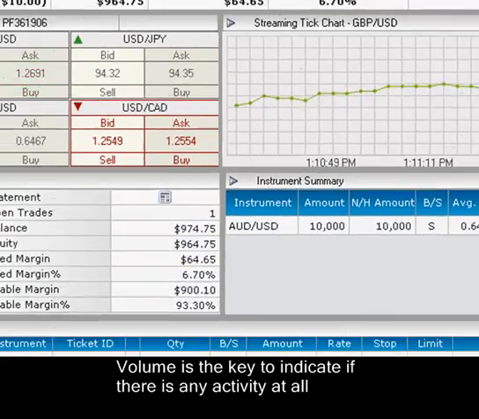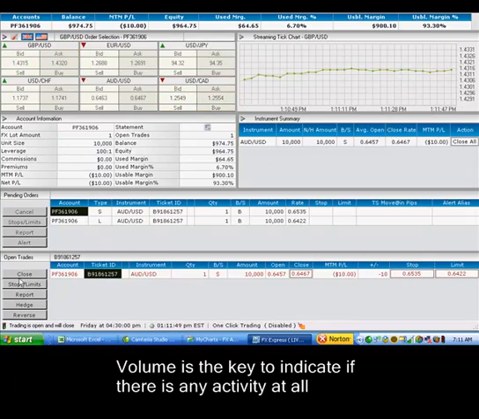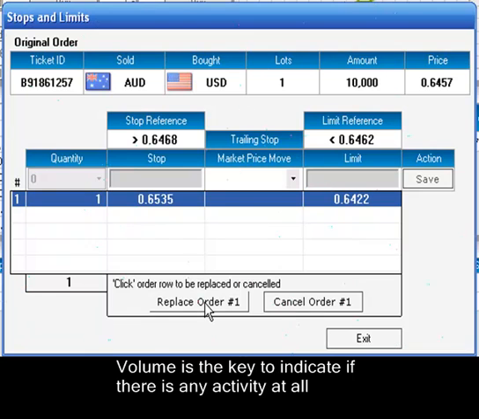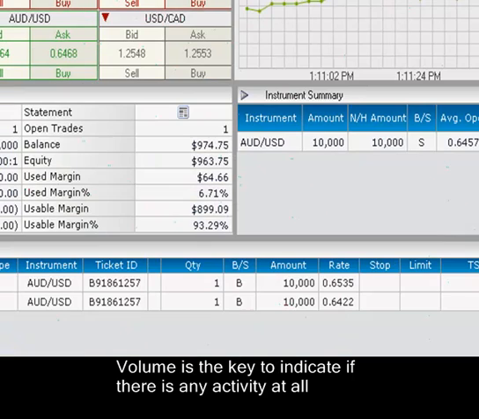Let me change it on my trade station. Okay, I'm going to change the place. Just going to change the limit here. Actually, let me check one more thing.